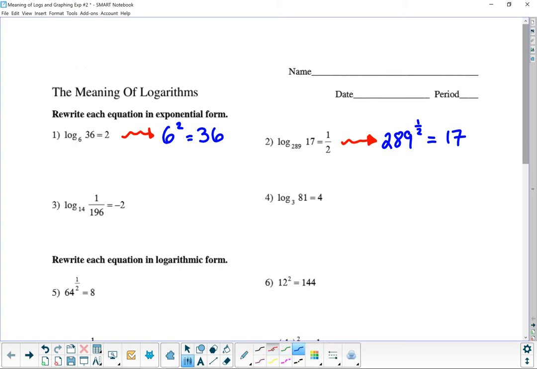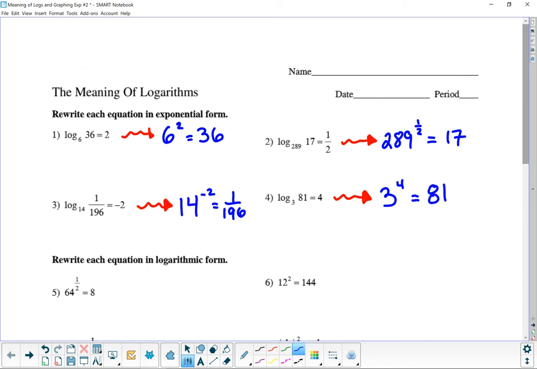Okay, number 3, same scenario. So log base 14, so that means exponential base 14 to the negative 2 power. That's going to make 1 over 196. Okay, number 4, that's going to turn into exponential form of 3 to the 4th power equals 81.